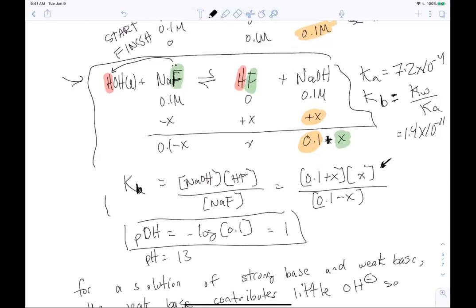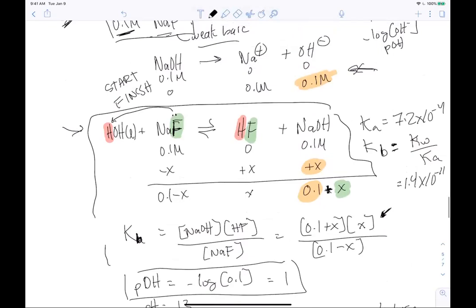The Ka you could think of as being, so for reactions that go to completion, we don't really care about the Ka. I don't have a Ka for sodium hydroxide. Ka is just a value that allows you to work with those reactions and figure out what the amounts are at equilibrium. That's not a very helpful way to say it.